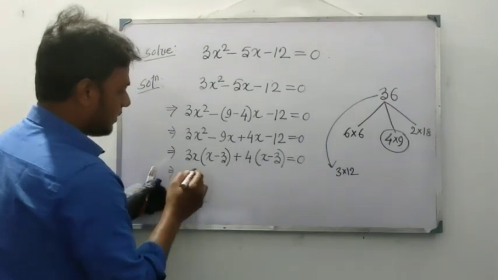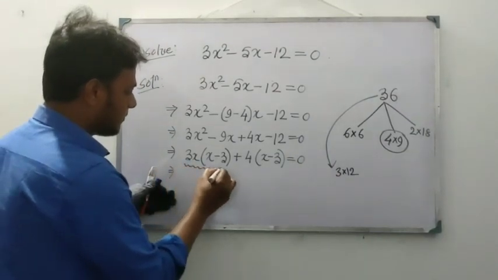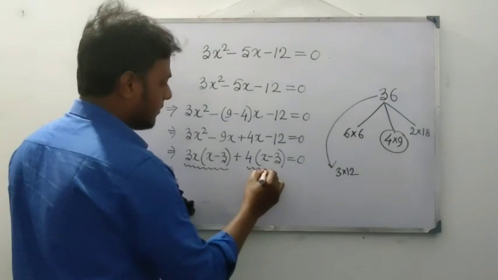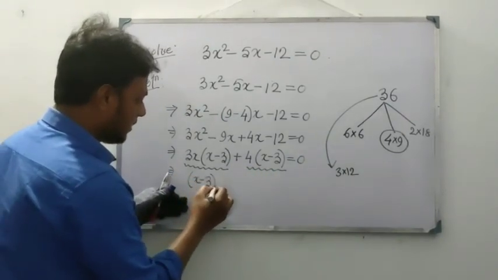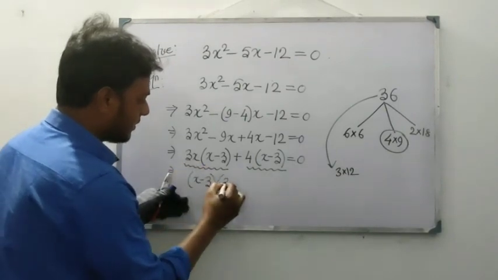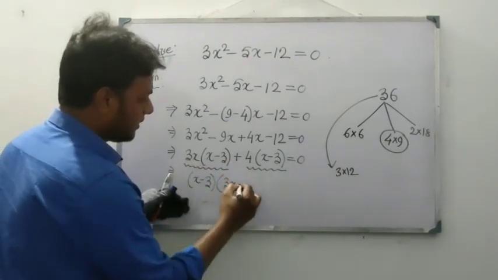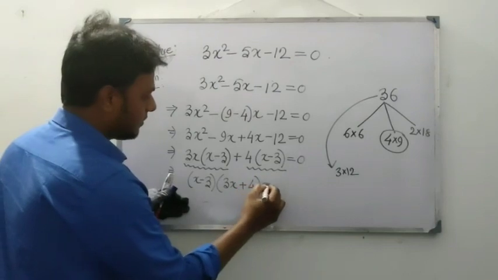Now there are two terms, this is the first term plus this is the second term. From these two terms x minus 3 will come as common, then this term is here 3x, and plus is there, and the rest term is 4 equals 0.